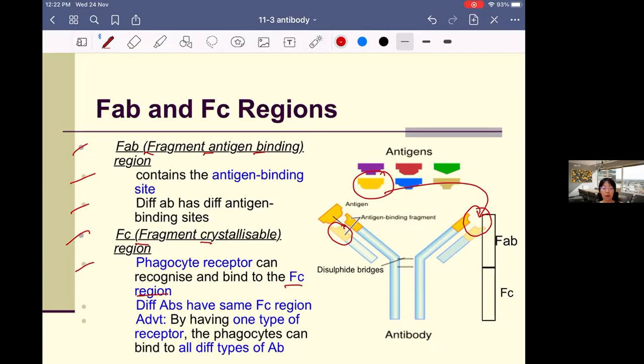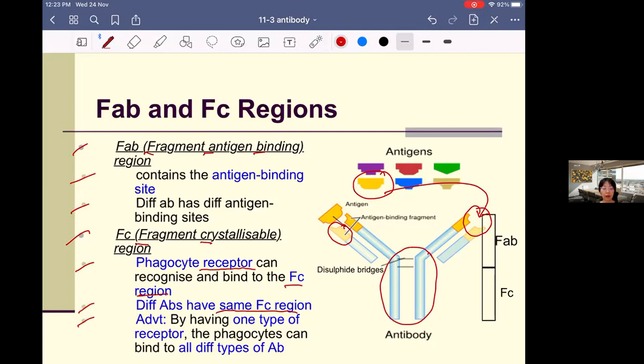Different antibodies have the same FC region, because the FC region is the constant region with the same amino acid sequence. So the phagocyte only needs one type of FC receptor, and it can bind to the FC of all different kinds of antibody.